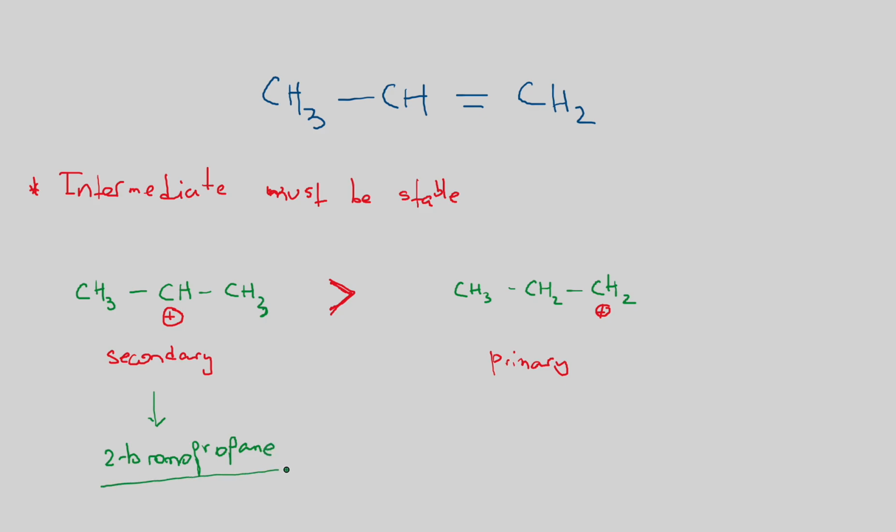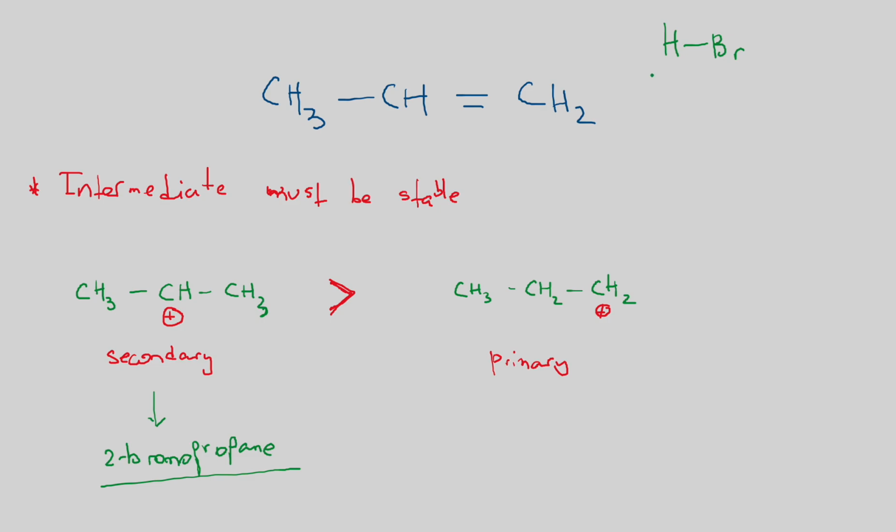So in order to easily predict the major product for these unsymmetrical compounds, you can use this rule. Here in this case we're adding hydrogen bromide, so hydrogen and bromine. Markovnikov says that the intermediate which is more stable is more favored, so we'll form 2-bromopropane.